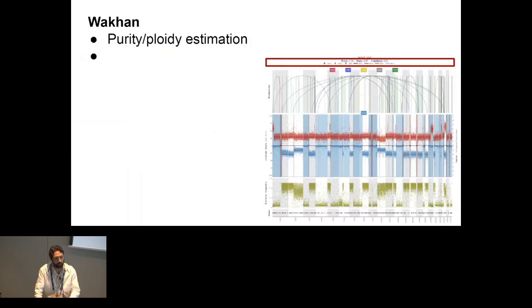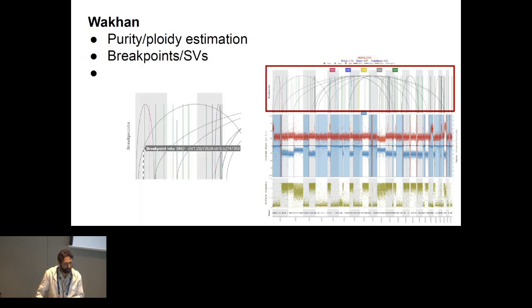So I will go through these interactive plots step by step. These are the ploidy and purity estimation of one of the cell lines, HG008, which is being developed by NIST.